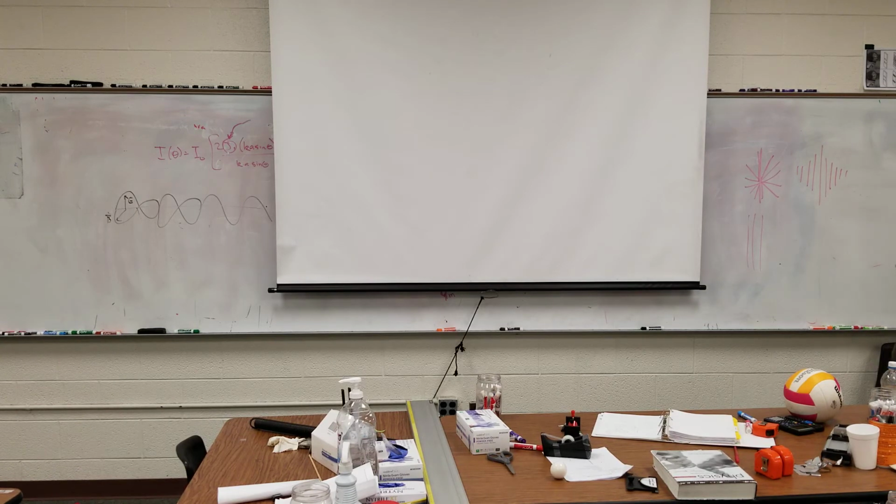However, if I stick another filter that's at an angle here, so I'm now only letting through stuff that is parallel to that. Well, all of these lines have a component that is parallel to this. So for example, this one right here, I've got a component that way and a component this way.